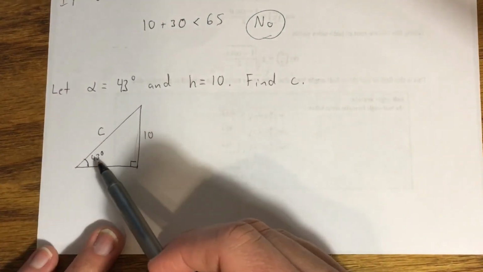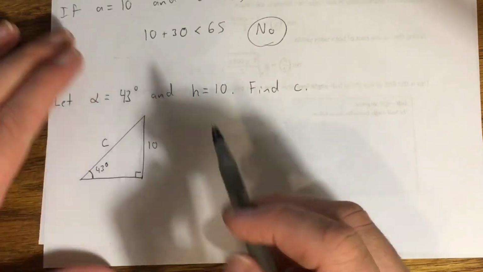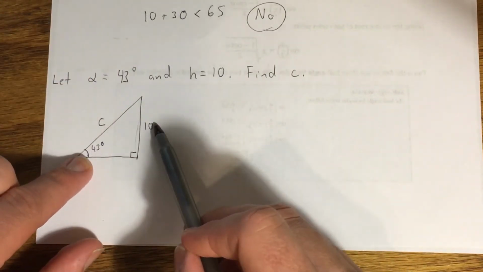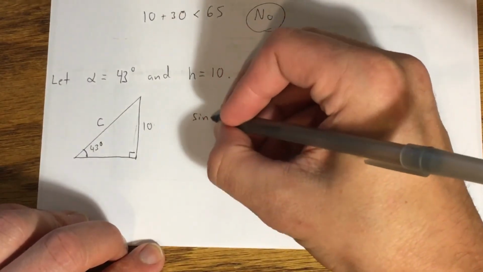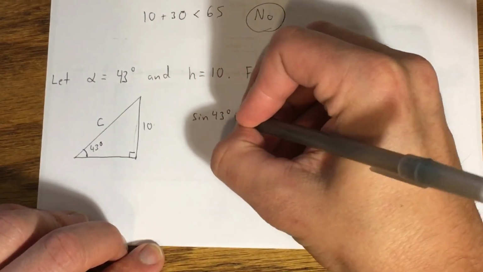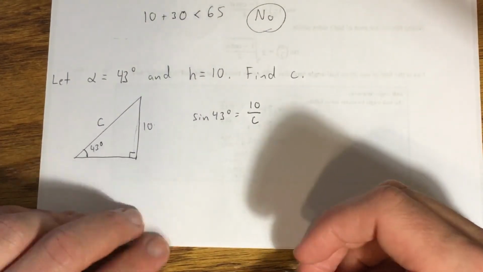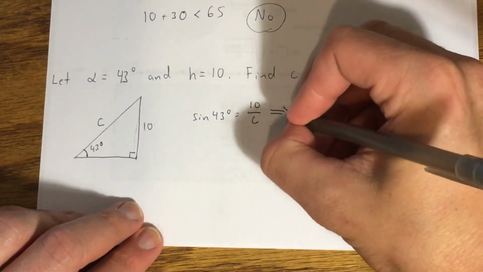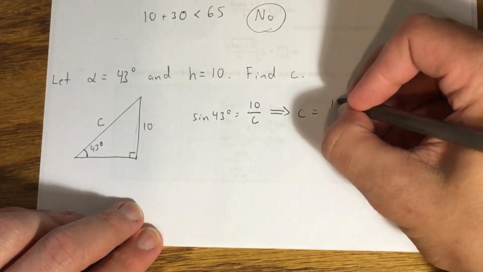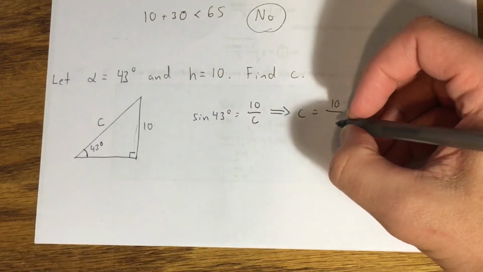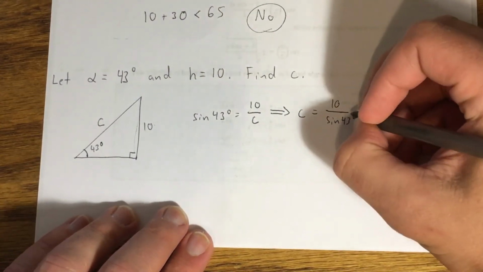What I do is I try to find a relationship between the angle and the known side and the side that's missing. I have an opposite side to my angle and a hypotenuse, indicating I should use a sine. Sine of 43 degrees equals opposite, which is 10, over hypotenuse, which is C. Isolating the C, I get C equals 10 divided by sine of 43 degrees.